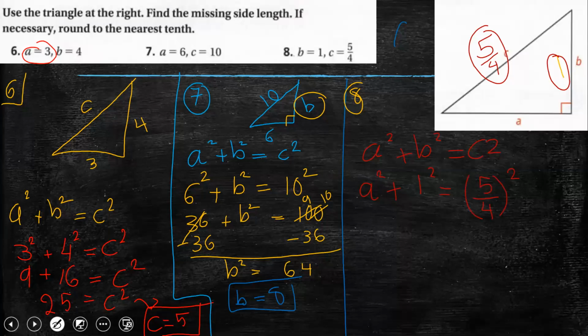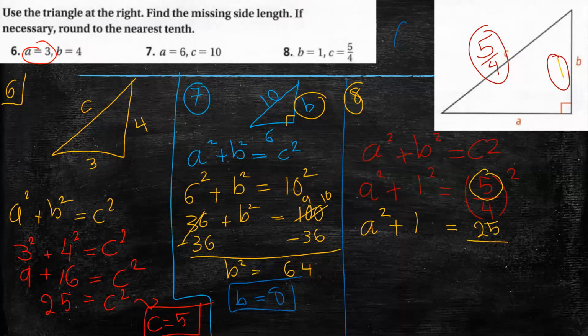So A squared plus 1 squared is 1, equals... Now let's square 5 over 4. What we have to do? We have first to square 5. What is the square of 5? It is 25.